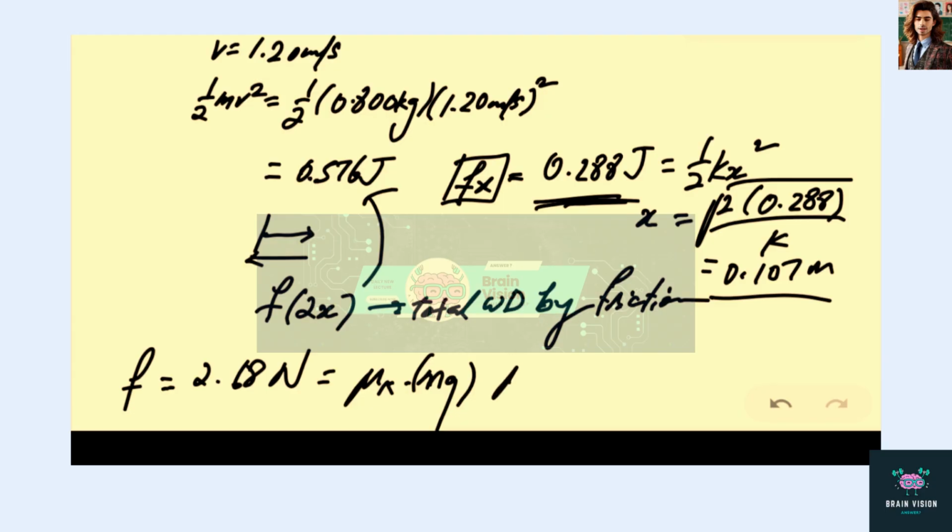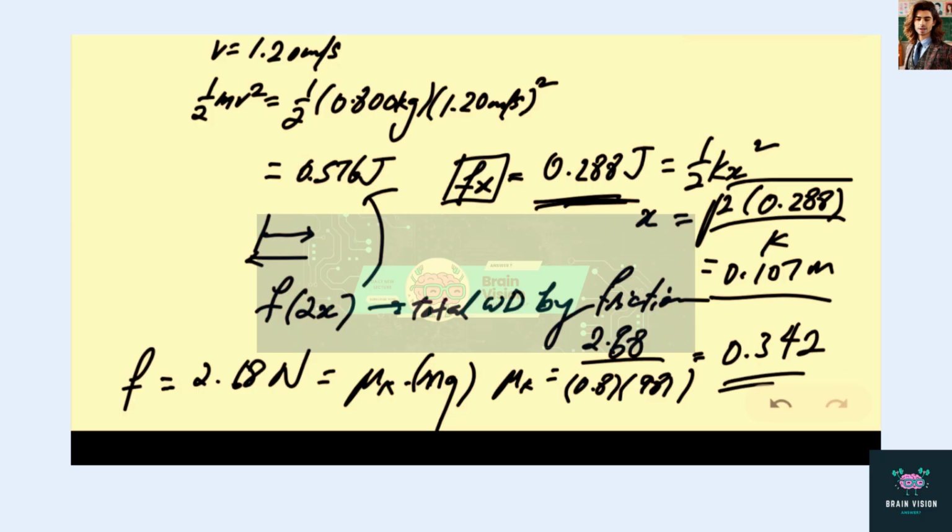So we can get mu k by simply dividing the force by the weight, mg. This gives us 0.342. Therefore, this is the coefficient of kinetic friction that is needed for the block to go back to its original position.